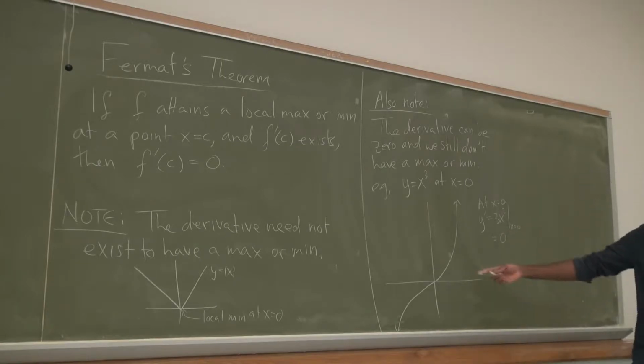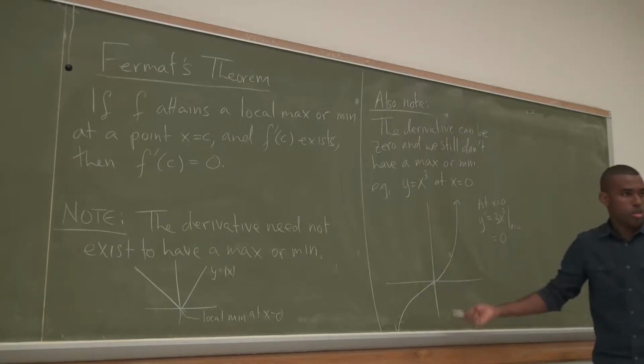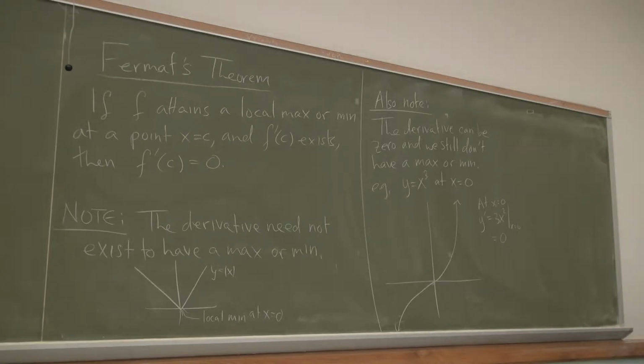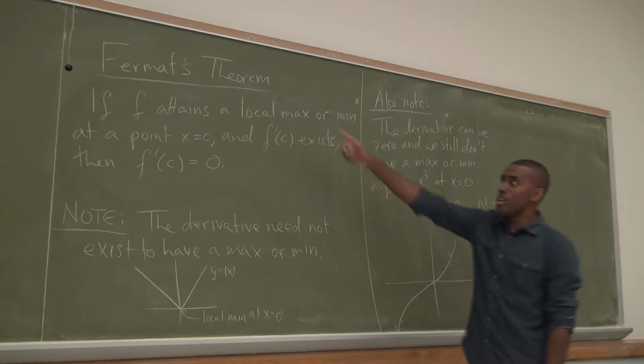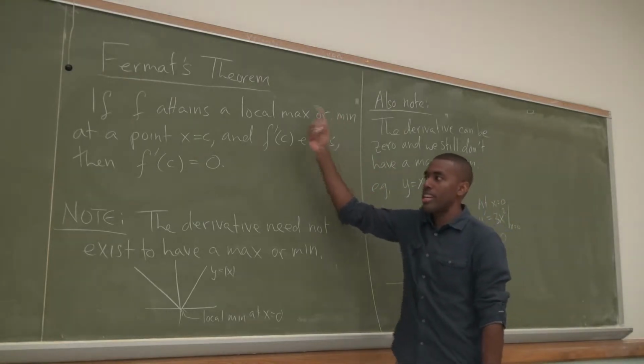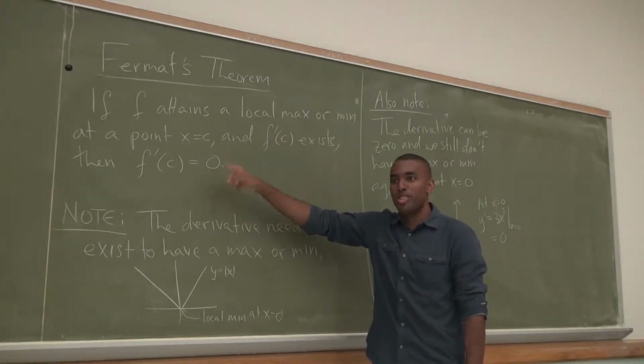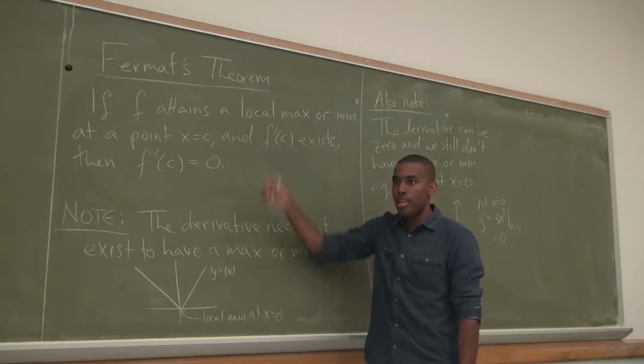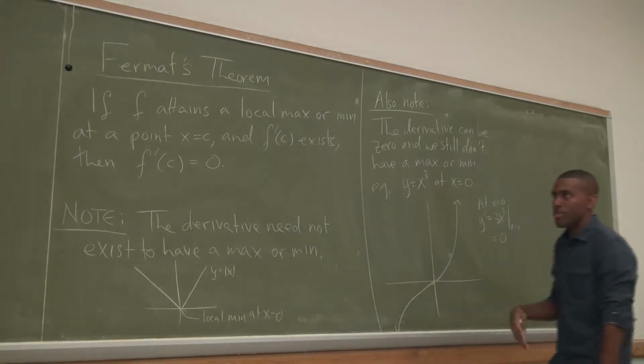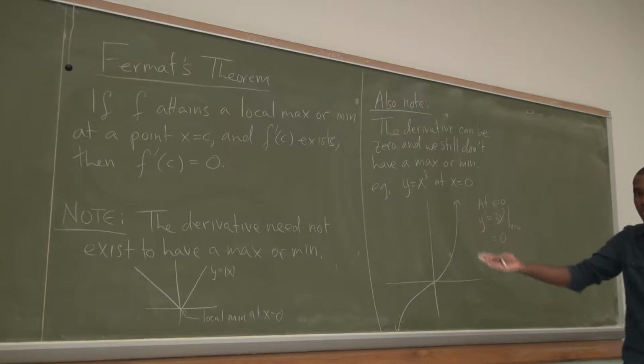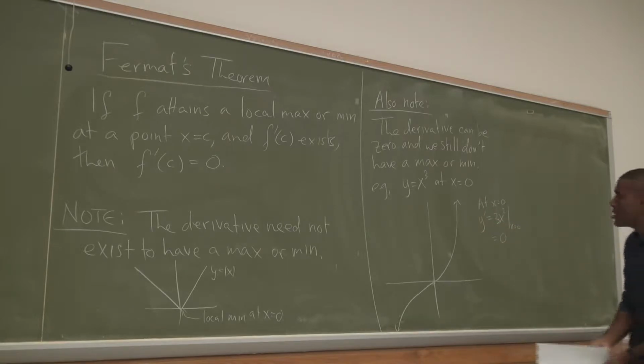But the derivative is 0, and it's not a maximum or a minimum at 0. Right? So this is another case where you have to be super specific. This is saying, knowing that a max or min is there already, you can get that the derivative is 0. It doesn't mean if the derivative is 0, you'll get a max or min. The order actually matters, right? If it didn't, I would have said it in the opposite order. It's very important to be specific.